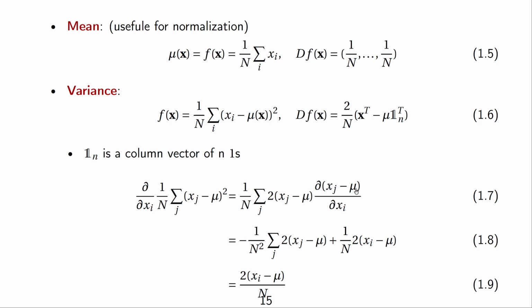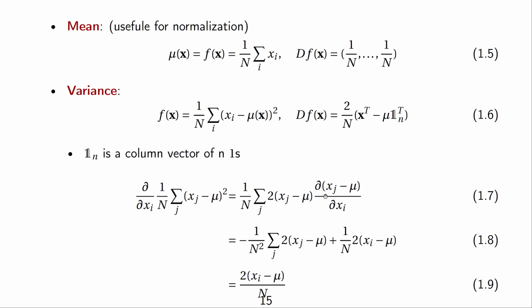And this comes from deriving mu with respect to x_i. Now here, partial x_j over partial x_i will always be 0, except for when j equals i. In this case, this will be 1. So when this hits, there will be one single case. There's no more sum.